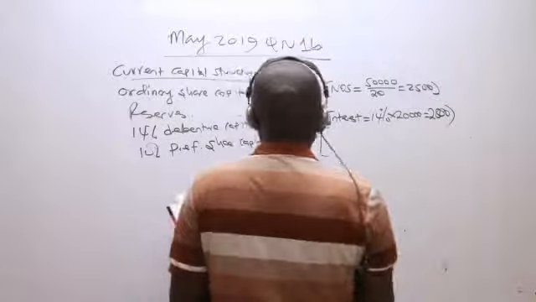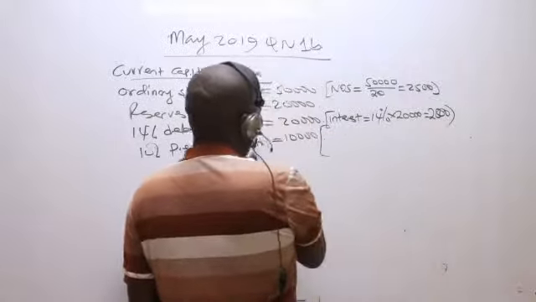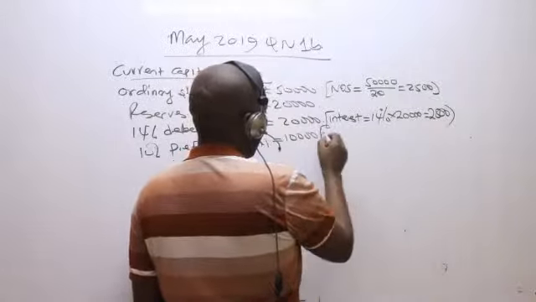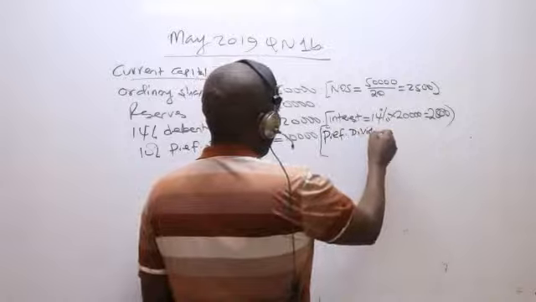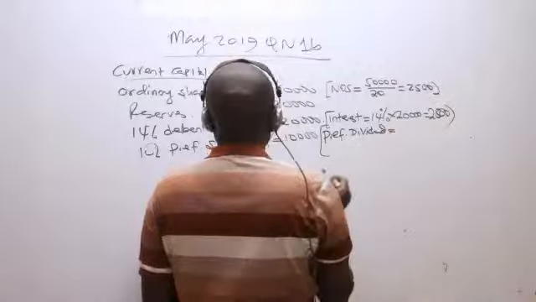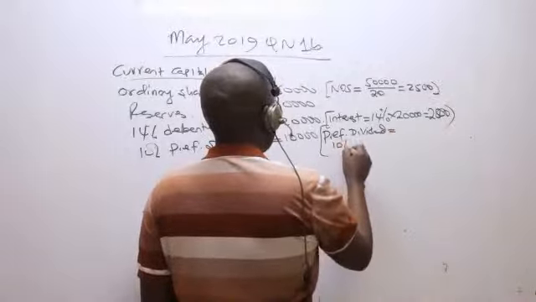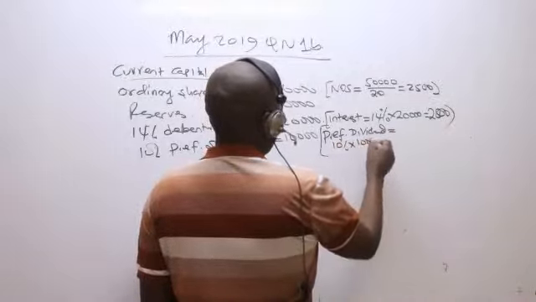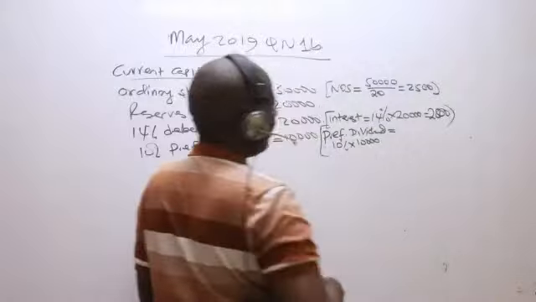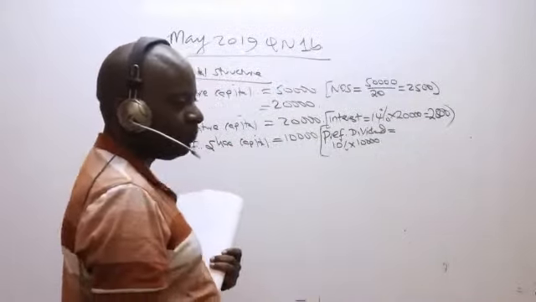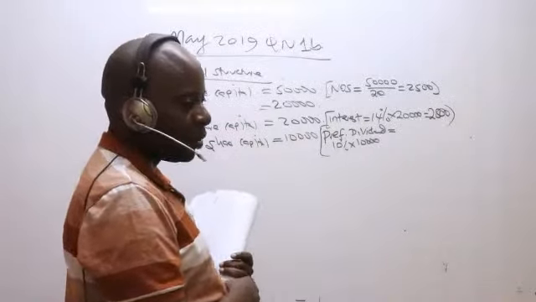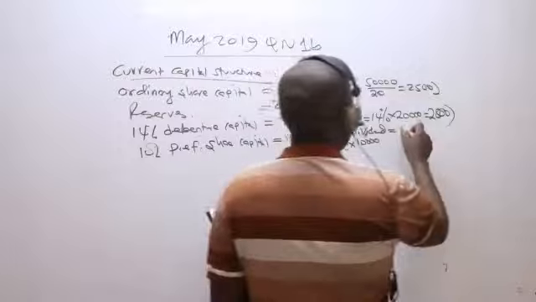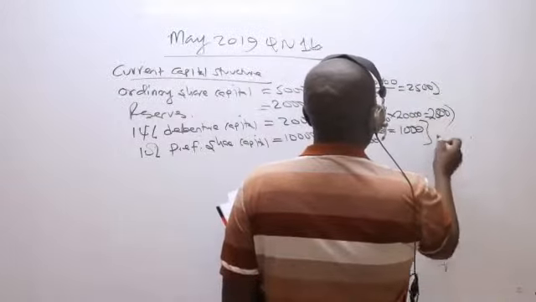And then we have preference dividend, because this one attracts preference dividend. The preference dividend will be 10% of 10,000, which will give me 1,000.